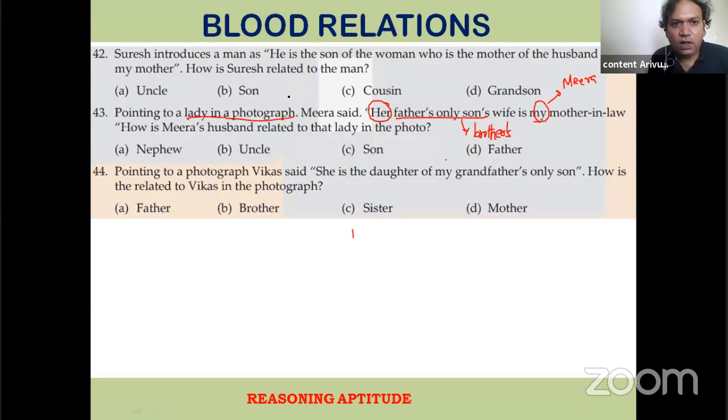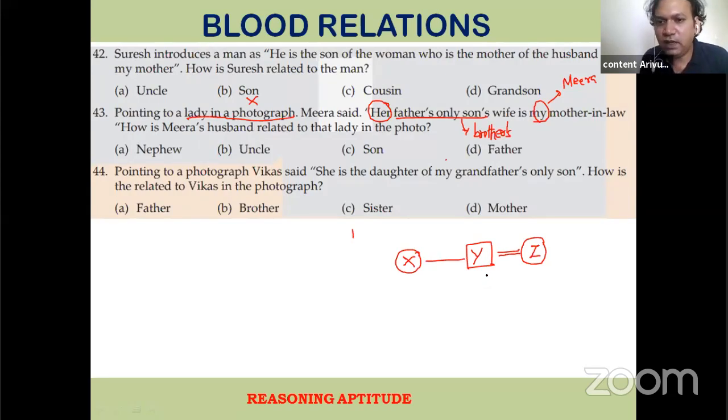So let's call the lady in the photograph X. Let's give her a name. X is the lady in the photograph. This lady has a brother. Let's call him Y. Let's say Y has a wife whose name is Z. And this brother's wife is Mira's mother-in-law.